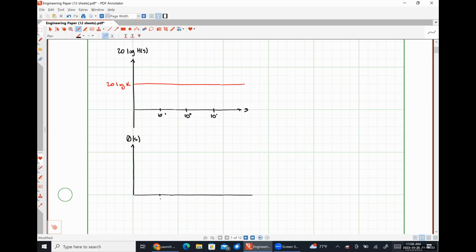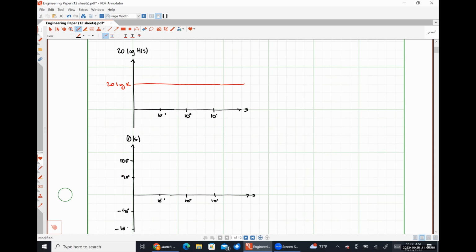I'm going to put those same values, 10 to the minus 1, 10 to the 0, 10 to the 1, and so forth. This is our s-axis. Let's make this correspond to 90, this correspond to negative 90. Actually, those should be positive because that's the positive axis. My apologies.